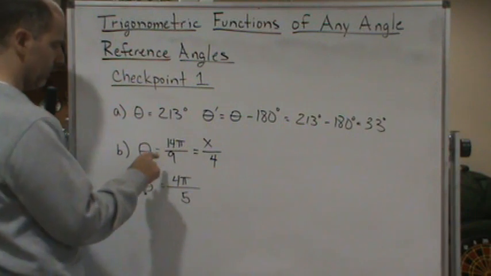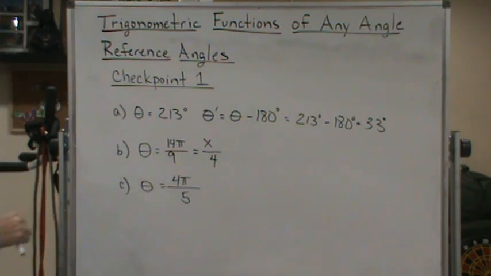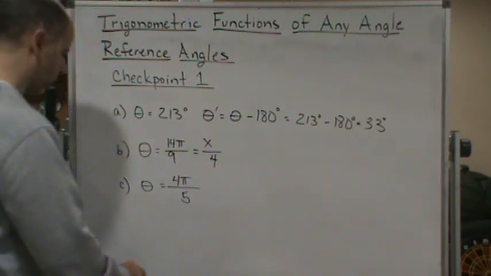And what do we get? We get 56 over 9, and that gives us about 6. So it's well over 3 pi over 4.